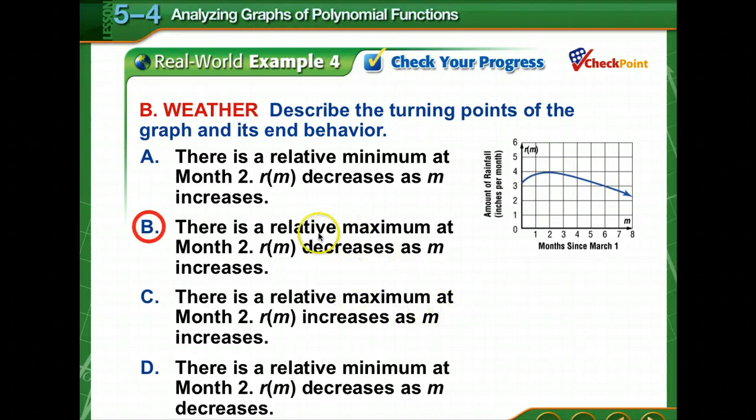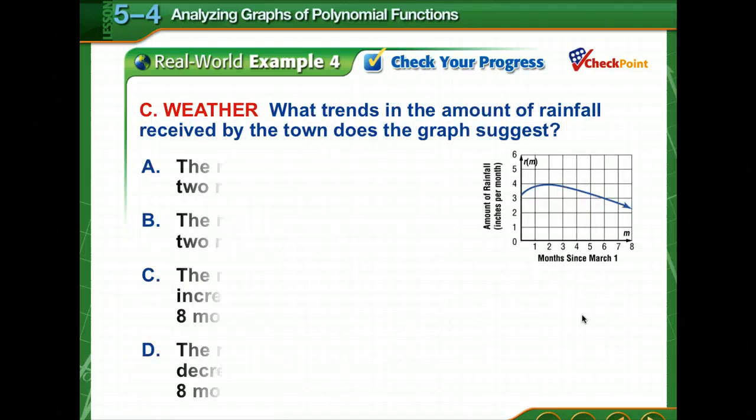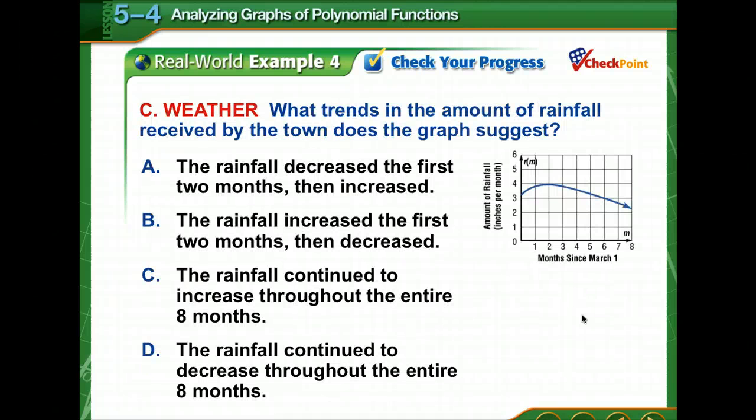Well, we sort of discussed this in the previous one. The relative maximum is at month 2, and it decreases as the months increase. So what trends in the amount of rainfall received by the town does the graph suggest?